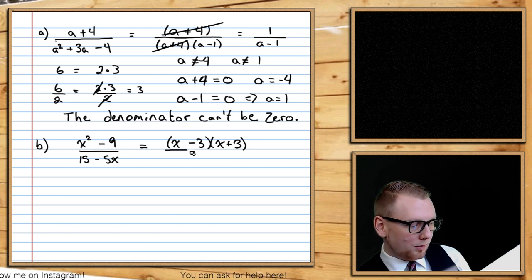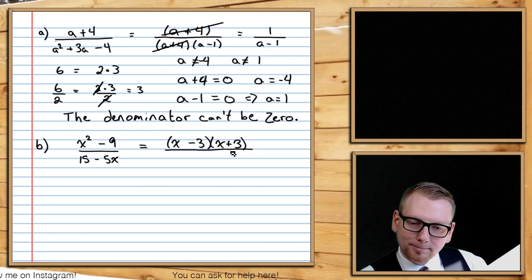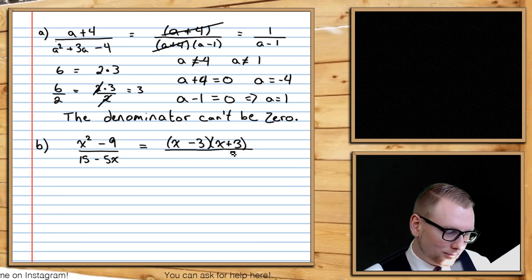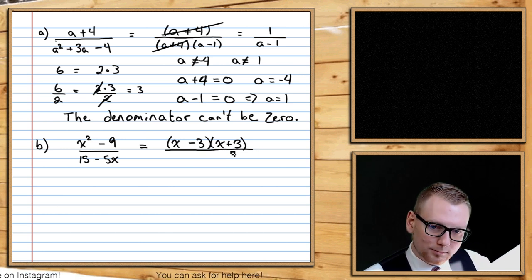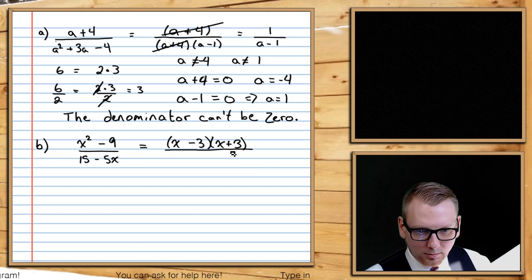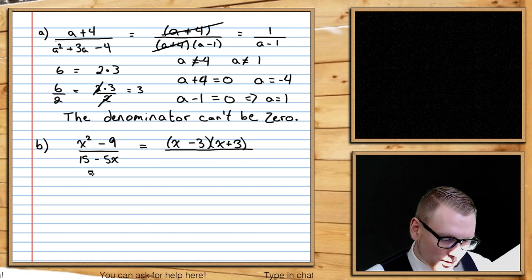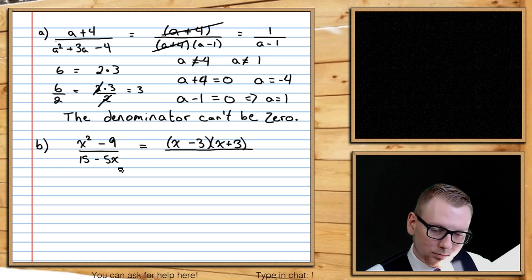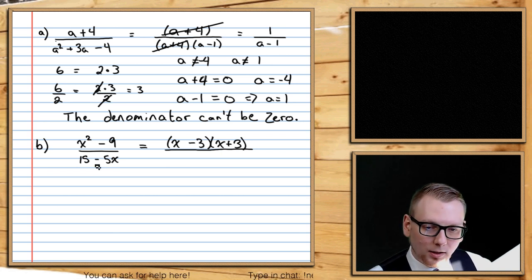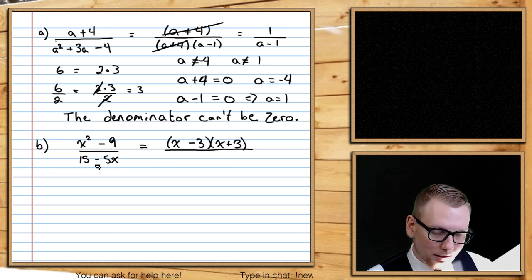Okay, and then what is the bottom? Well, you're going to take out the 5 from the bottom, right? So take out the 5 because 15 is 5 times 3. So if you're going to take out a 5, what are you left with?